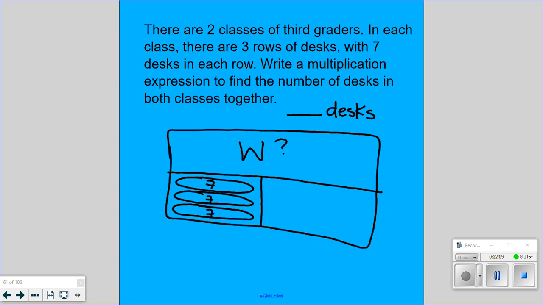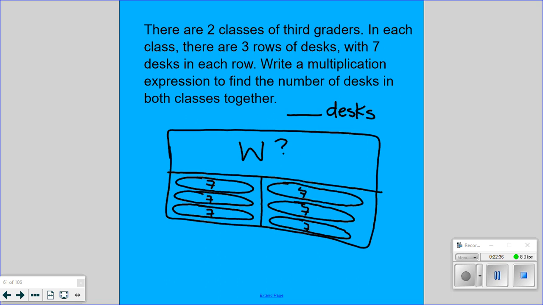What about that other class? They got no desks? They got the same setup. Same setup. All right. Now we're on equation time.